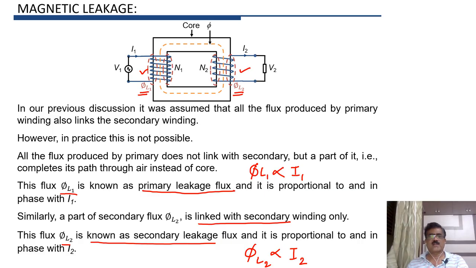So in practical transformer, there is leakage flux of primary winding, which is phi L1, and similarly there is leakage flux of secondary winding, that is phi L2.